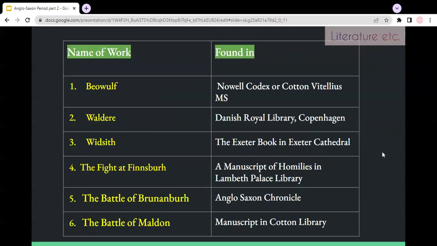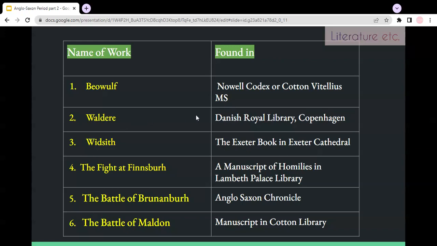Next, I have prepared a chart where we can see the names of famous heroic poems of the Old English period, and where they were found. So the poem Beowulf was found in the Nowell Codex or Cotton Vitellius manuscript. Manuscript is written MS in short.